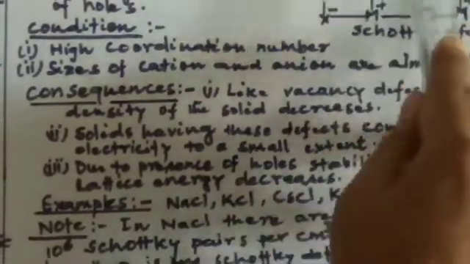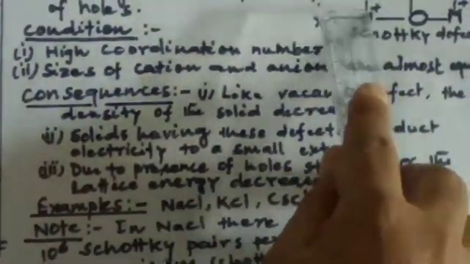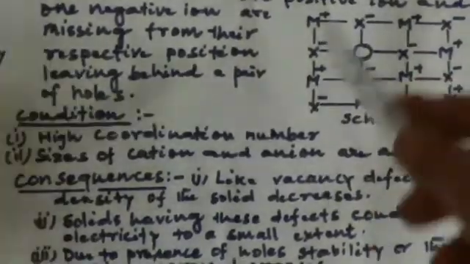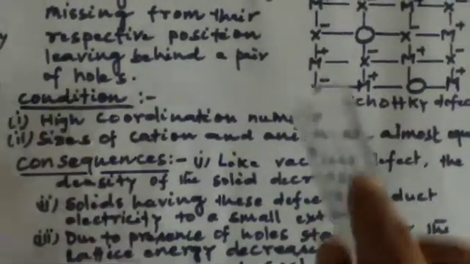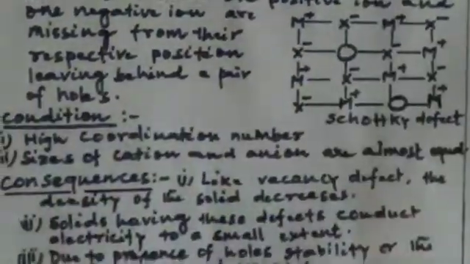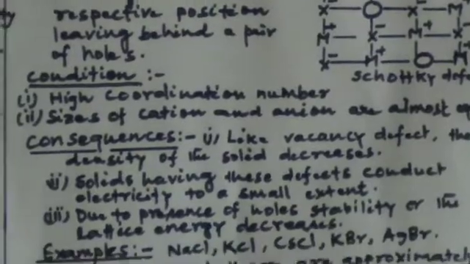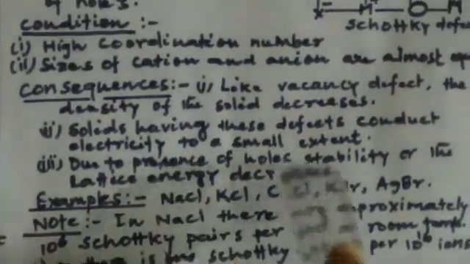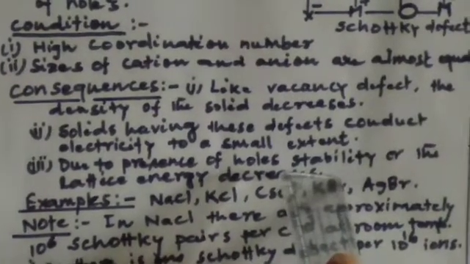Why? Due to the presence of these holes, ions will be free to move from one hole to another hole, and thereby electricity will move in the reverse direction to the movement of the holes. So because of this, there will be some electrical conductance in the solid showing Schottky defect. Number 3, due to the presence of holes, what will happen?